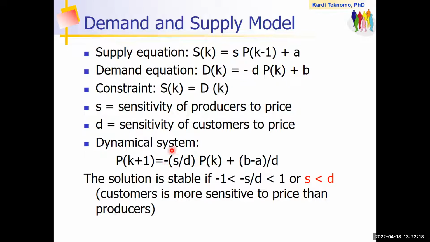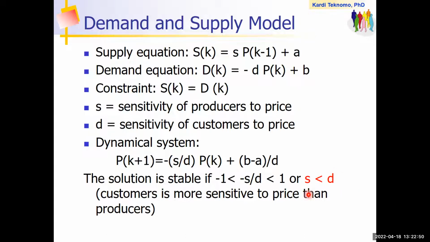This is the parameter that determines whether it's stable or not. We know that this is stable if minus s over t is between -1 and +1. Remember the absolute value of a less than 1, that's the same thing. And of course we can easily work it out, so that means s must be less than t. This is to decide the stability.